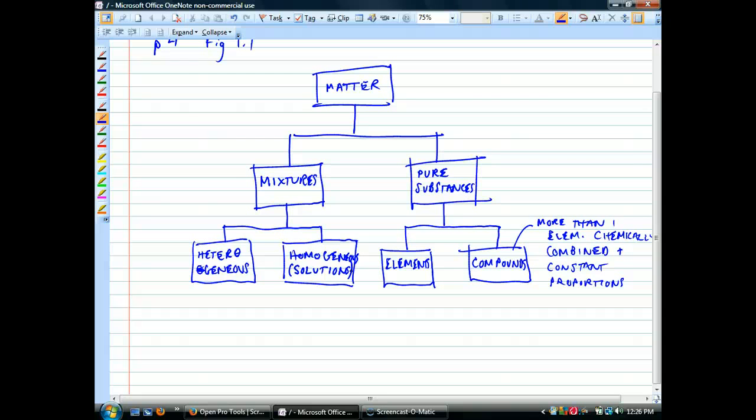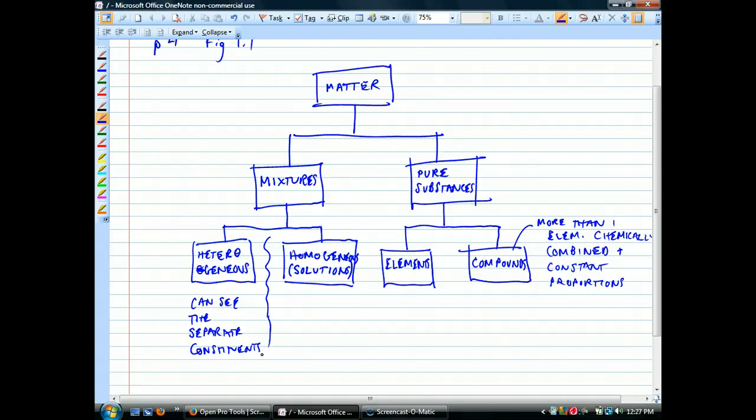So we're going to make a fuzzy distinction between these two: on this side we can actually see, with the naked eye, the separate constituents. And in the solution, we cannot.